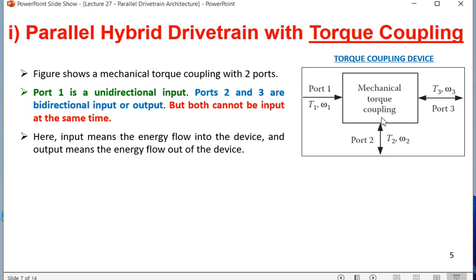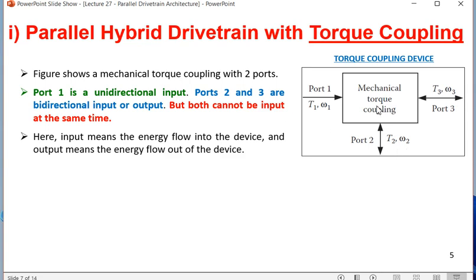But in regenerative braking, from the output side through the torque coupling, power comes back to the battery. That's why this arrow is bidirectional. Whenever the battery is producing the output of motor torque in the secondary powertrain, the motor torque is T2 and motor output speed is omega 2. T1 and T2 get combined and produce T3.